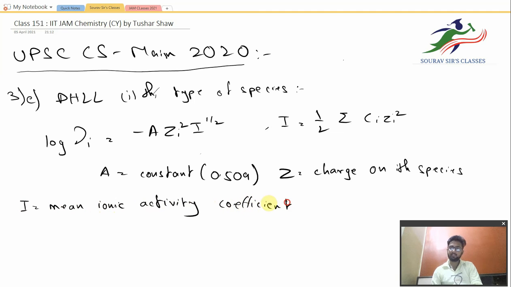Now I also has a formula which we need to find out before putting the value of I in this formula, that is I is equal to half of summation Ci zi square. Here Ci is the concentration of the ith species, and zi is, as I have already mentioned, the charge on the ith species.